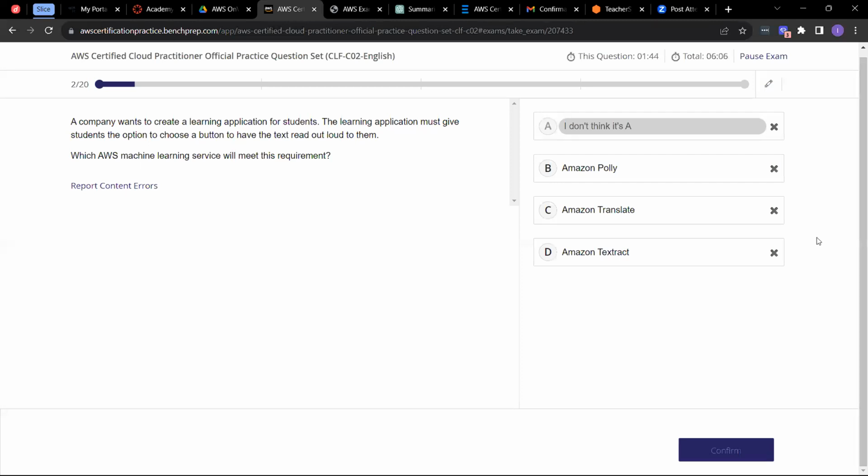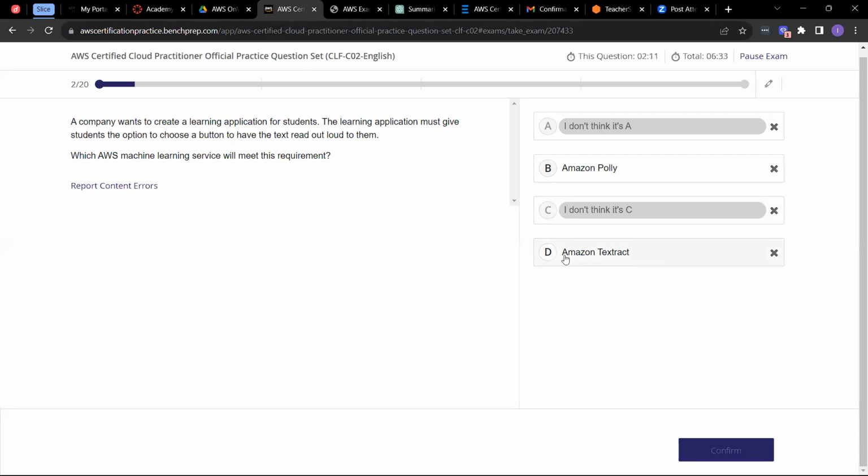Let's look at Translate. It's more or less like a translation service. If the thing is in English, it translates it to Chinese or French for us. That's basically what translation means. So we can eliminate this one as well.